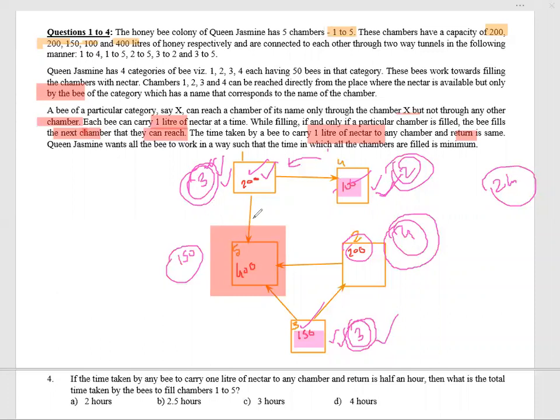Now, next half an hour, all can come from here, all can come from here. So how much will we get? 100. After that, 50 from here, 50 from here, 50 from here.